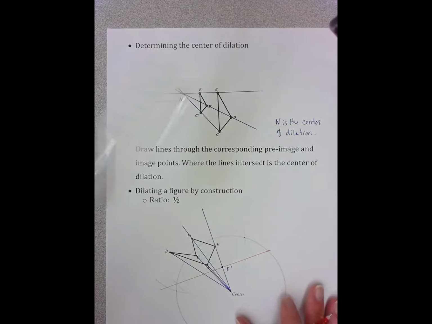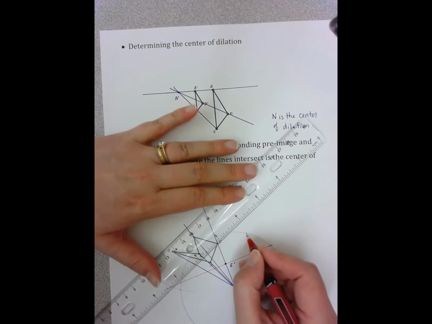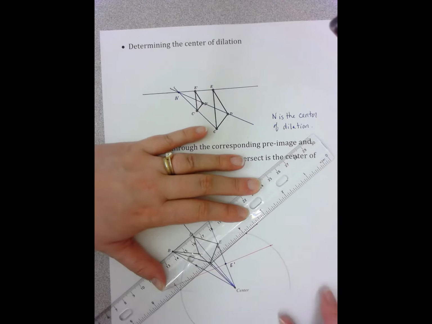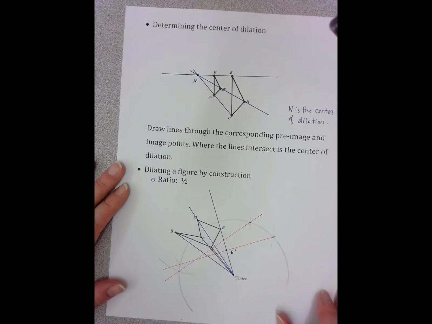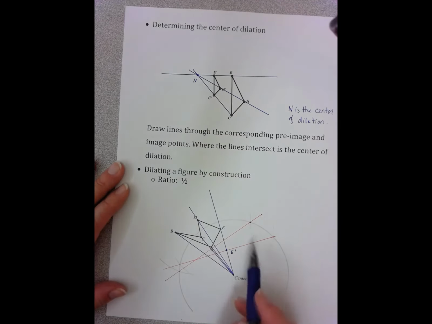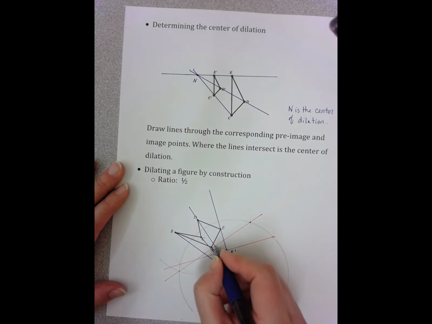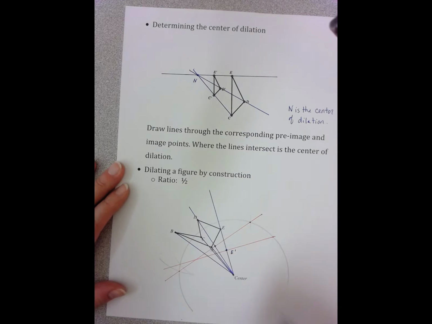That way, when I place my ruler, I'm sure of which arcs I'm looking at. So I connect those two intersecting arcs. And I now look at the line D to the center, and that's where my D prime is going to be.